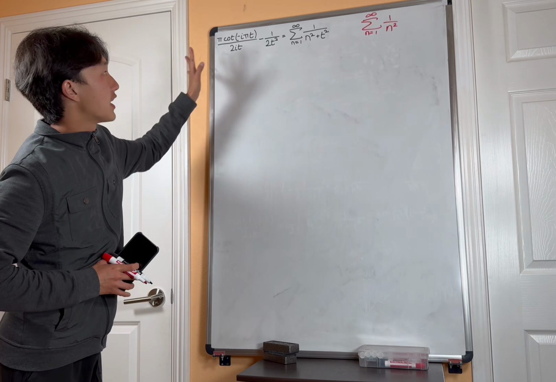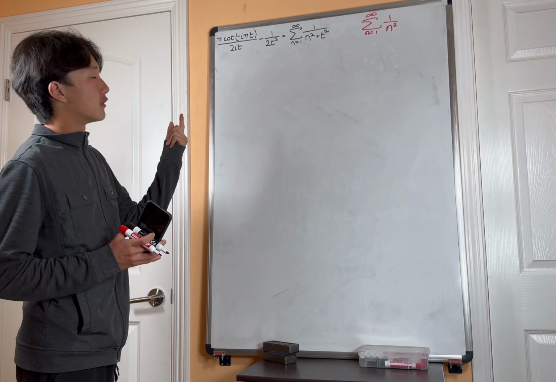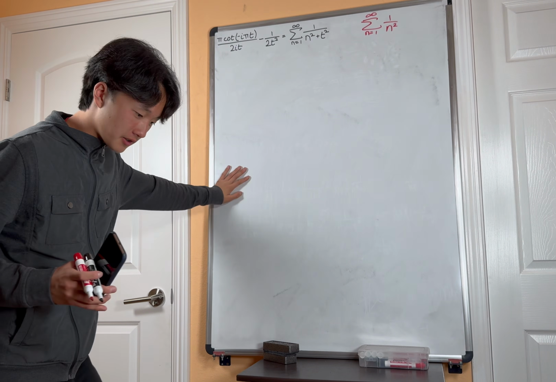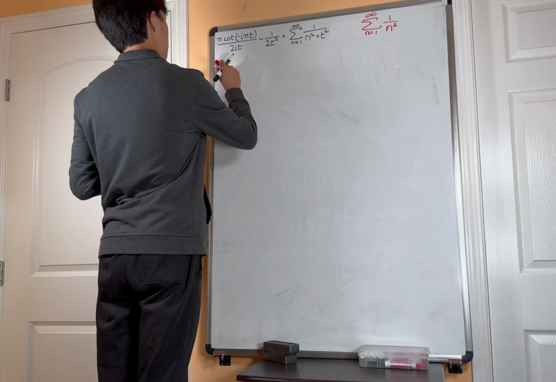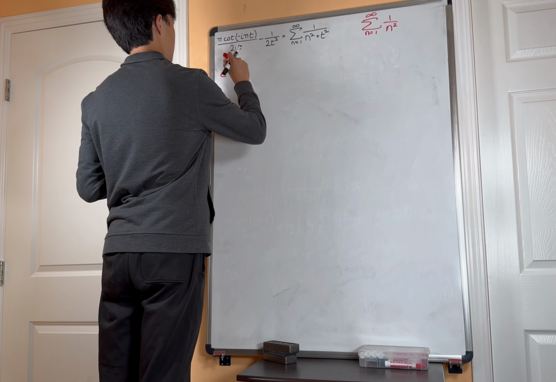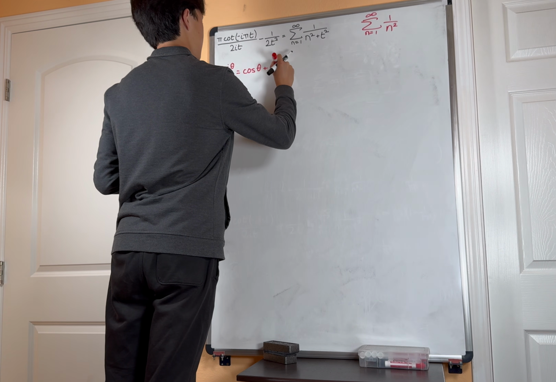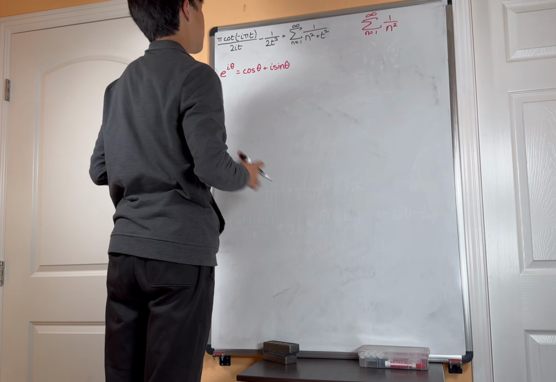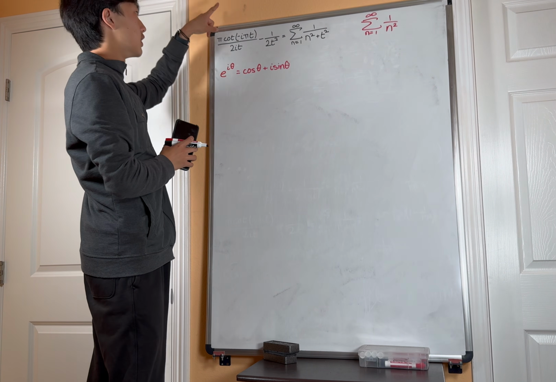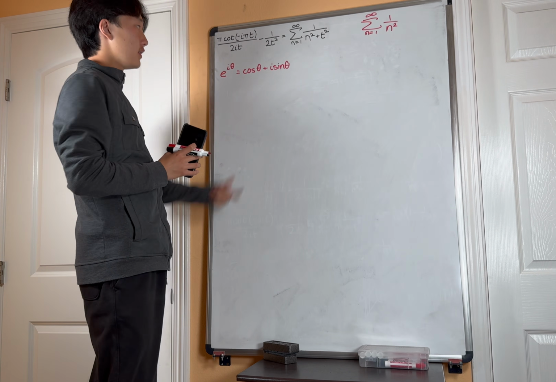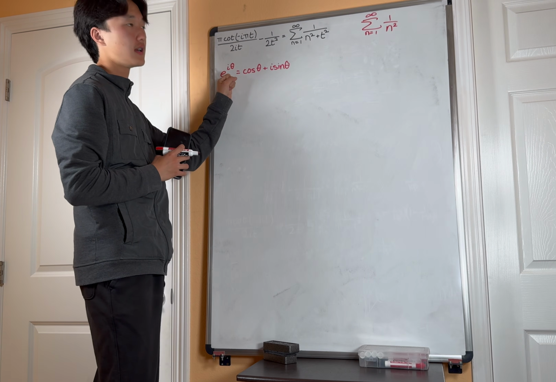How do we apply that here? Where do we have e to the i whatever? Well, let's take a look at it and see what we can do with it. e to the it, or rather I'm going to use e to the i theta, is equal to cosine theta plus i sine theta. This cotangent is pretty hard to deal with as of right now, and we have these trig functions that we can represent in terms of e to the i whatever.